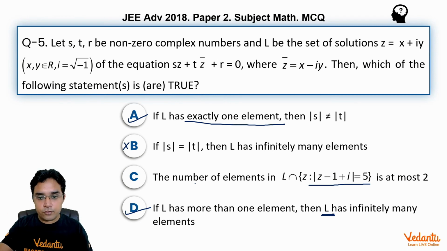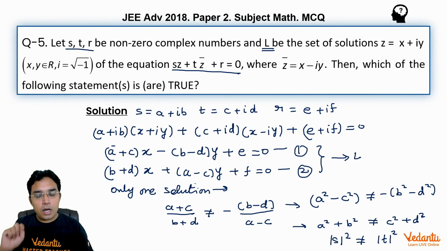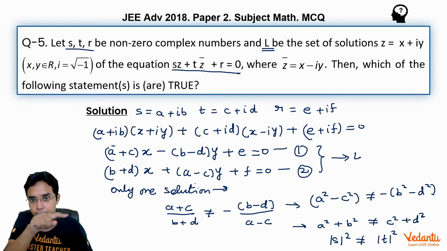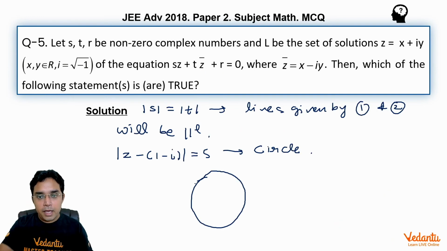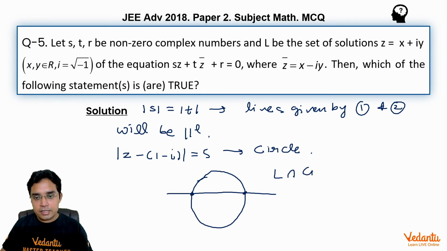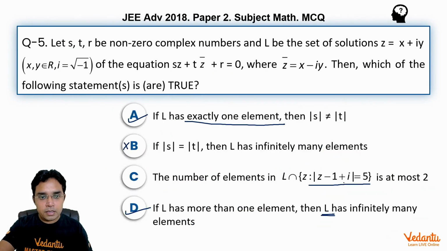Please understand carefully. If 1 and 2 are coincident lines, then this coincident line completely gives the solution set L. So my L in that scenario will be a complete line. And this line, if it intersects the circle like this, will have at most 2 elements in L intersection this circle. So this option C also seems to be correct.